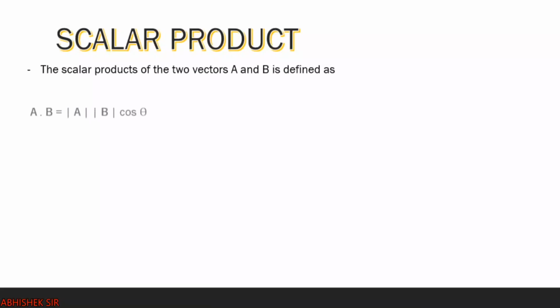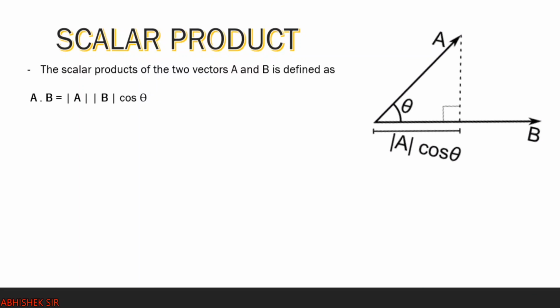So what is scalar product? Scalar product of two vectors, A and B, is defined as A dot B. You might have known that in mathematics a dot means multiplication. Okay, so A dot B is magnitude of A, magnitude of B into cos theta. Now you see how this comes into picture.